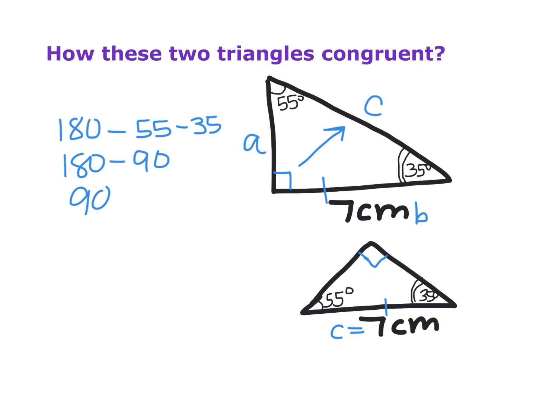So there's no way for these two triangles to be congruent to each other, because the hypotenuse always has to be opposite from the right angle, and the hypotenuse has to be the longest side. So it doesn't make sense here that these two triangles would be congruent to each other.